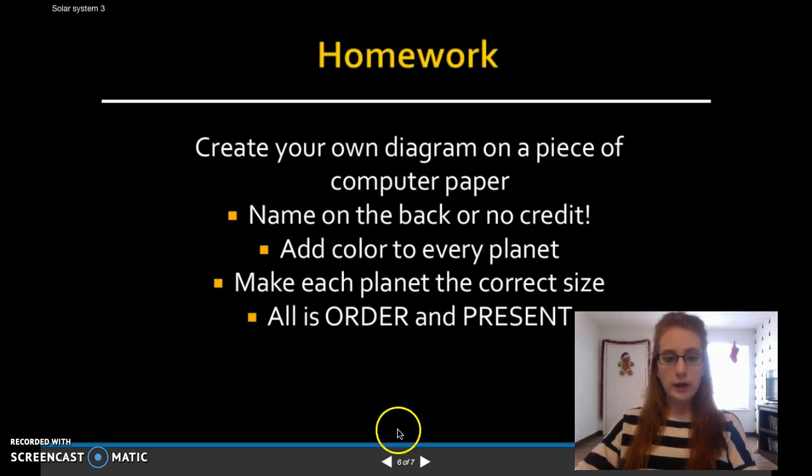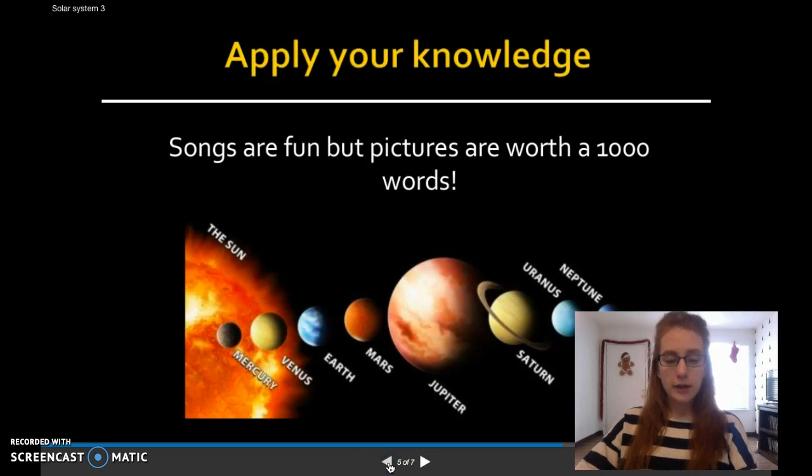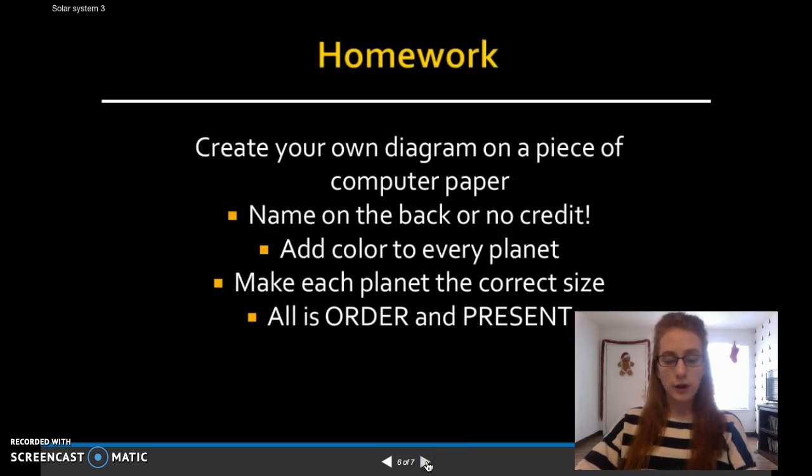I don't want Mercury here, but then Neptune and Jupiter and then Earth and Mars. I want to be sure they're all in order, and I want to be sure that all 8 are there. So before you turn in your paper, be sure that all 8 of your planets are there. If you need to, refer to your sentence that you created to make sure that you didn't forget any of your planets when you're making this diagram.